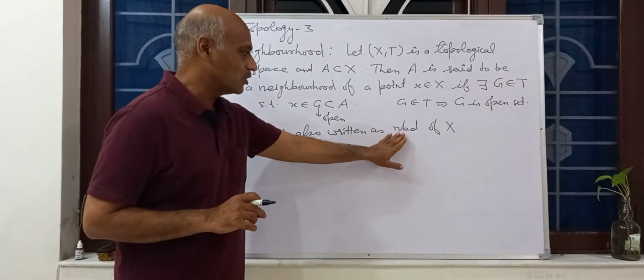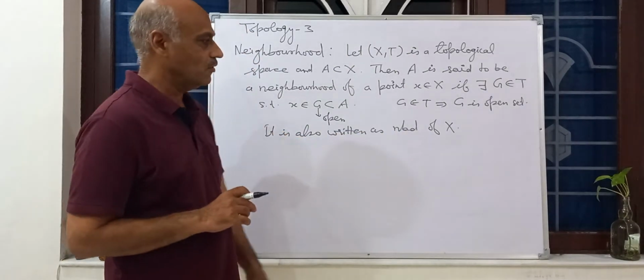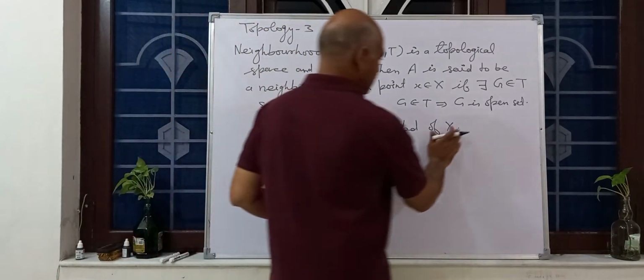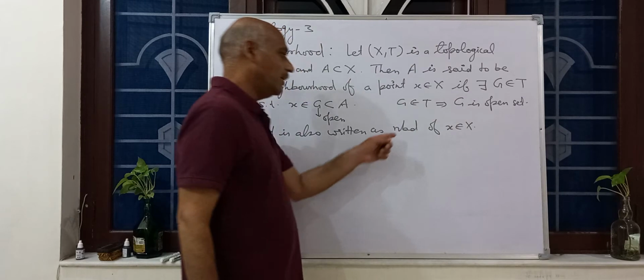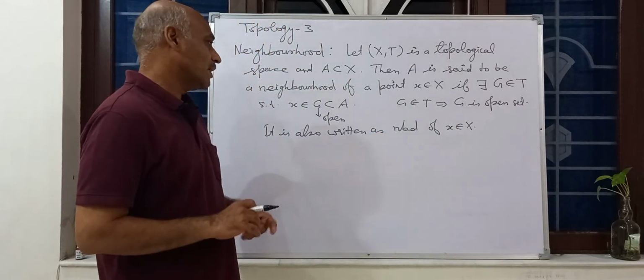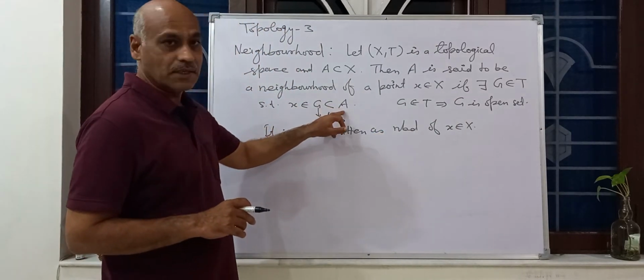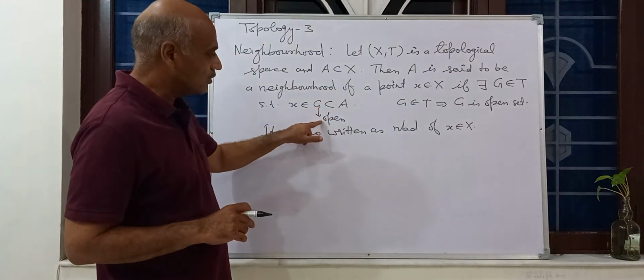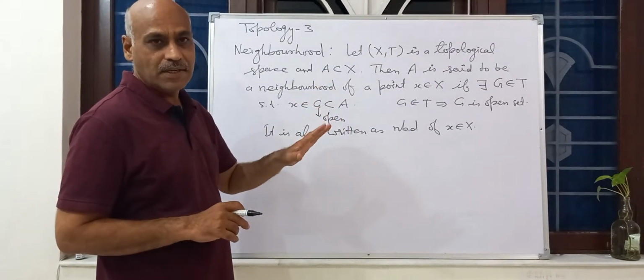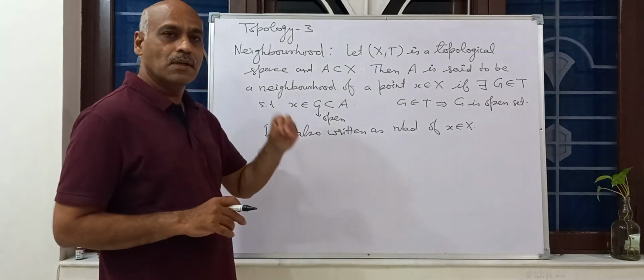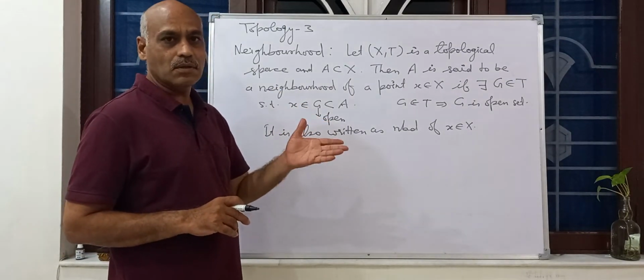So x belongs to G subset of A means G is an open set. But it doesn't mean A must be open. A may be open or closed.